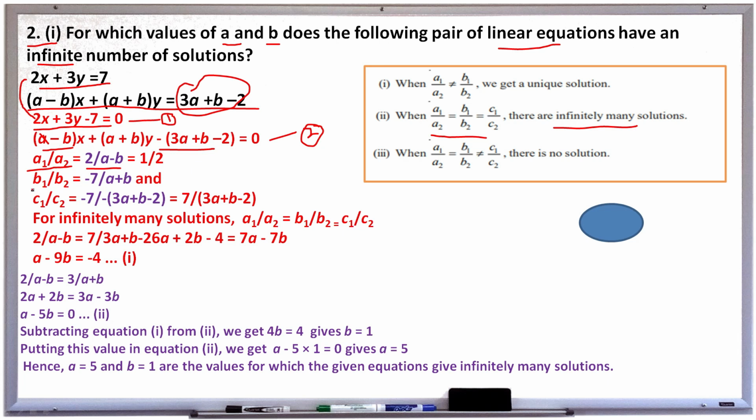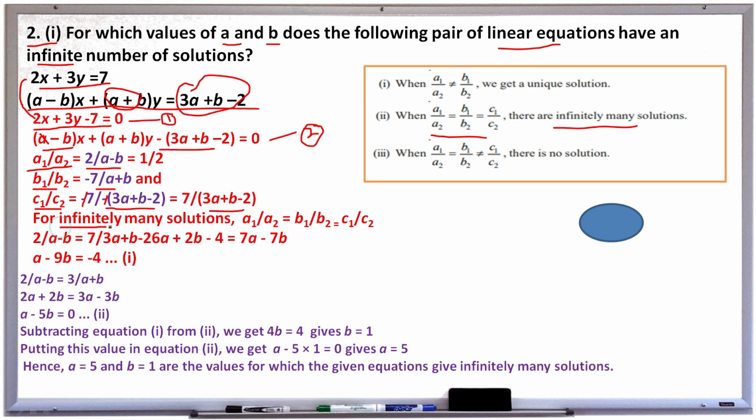Then b1 by b2 is equal to minus 7 by a plus b. Now c1 by c2 is equal to minus 7 by minus 3a plus b minus 2. Simplifying, the minus will cancel, so 7 by 3a plus b minus 2.